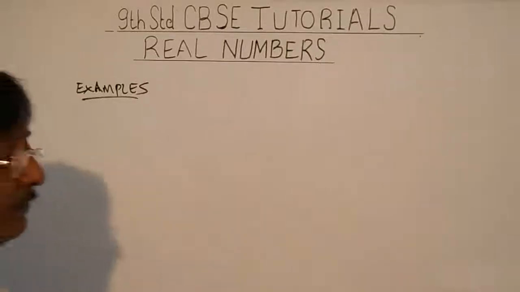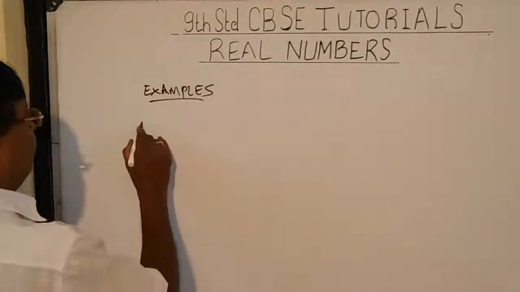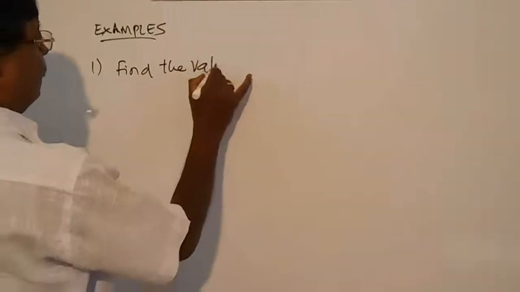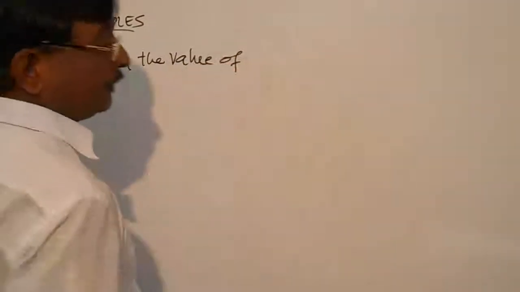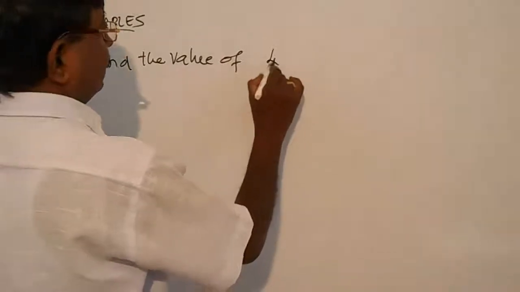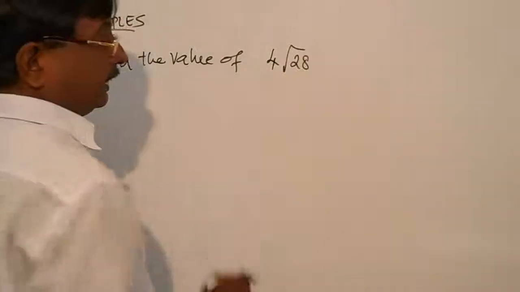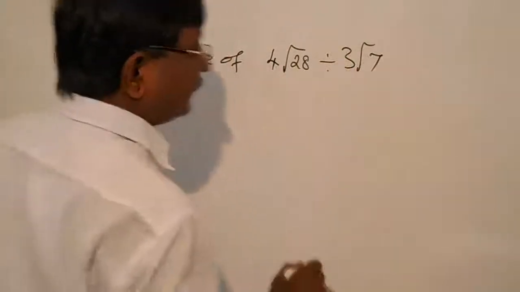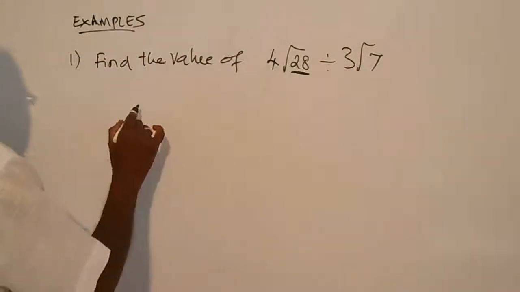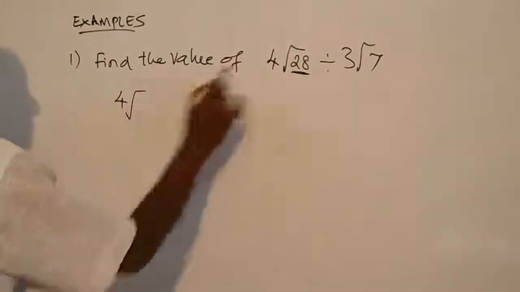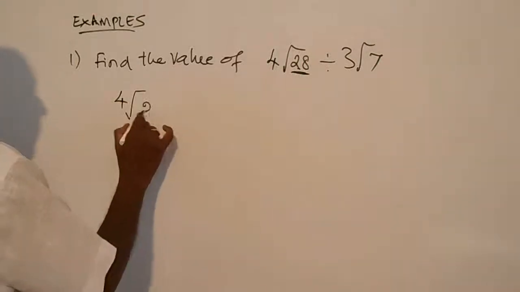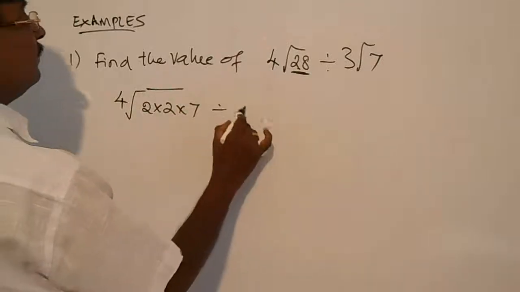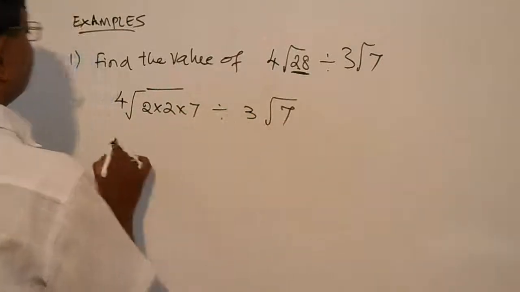We will see a few examples now. Find the value of 4 root 28 divided by 3 root 7. Here we will factorize: 28 is 2 into 2 into 7, divided by 3 root 7.